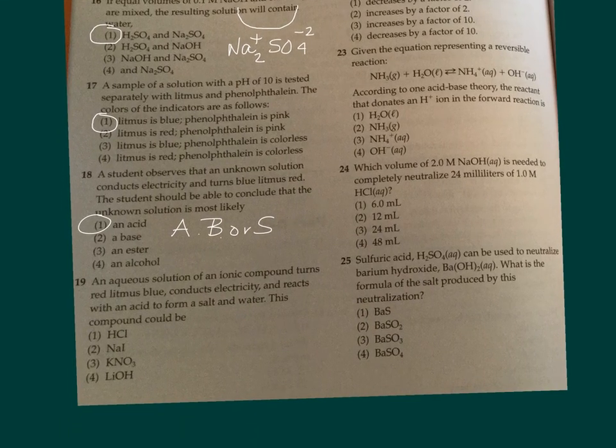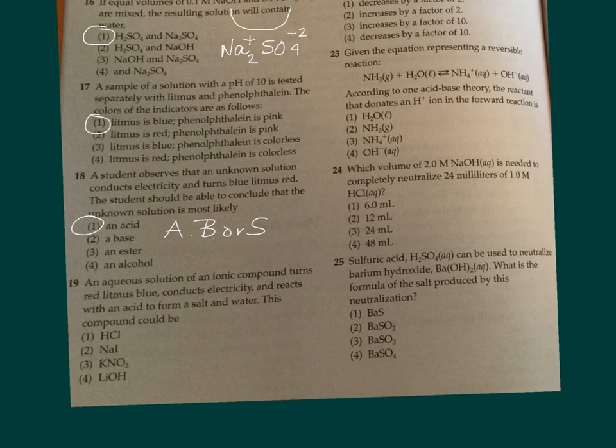An aqueous solution of an ionic compound turns red litmus blue. Right there, I should be thinking base. Conducts electricity and reacts with an acid to form a salt and water. So that confirms that it's a base. So they're looking for a base, and you know a base is a metal plus OH.